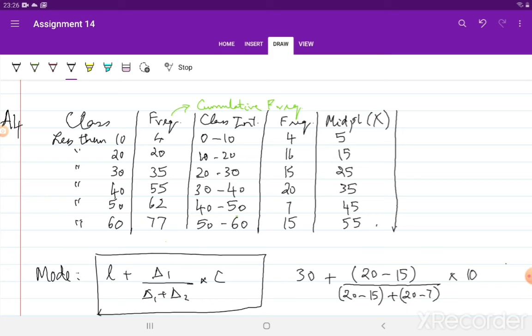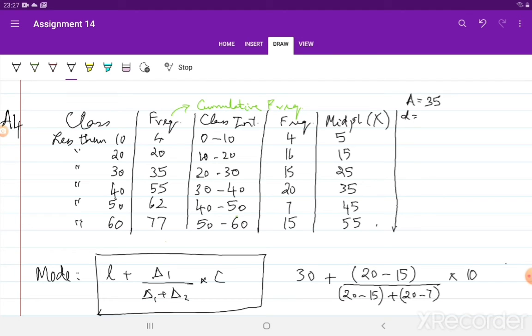Now I'm going to use the step deviation method, as that simplifies the calculation. So I'm going to take the middle value, one of the middle values, as a. So taking a to be 35. You have the freedom, you can take either 35 or 25, right? Preferably take the middle value. But here since we have 6 observations or 6 rows, you have to choose between the third and the fourth.